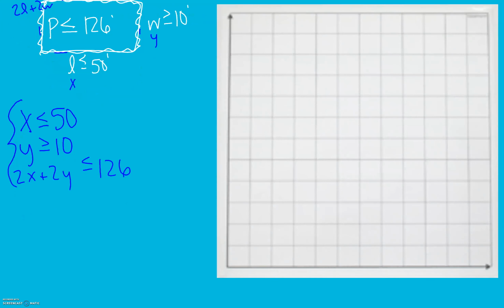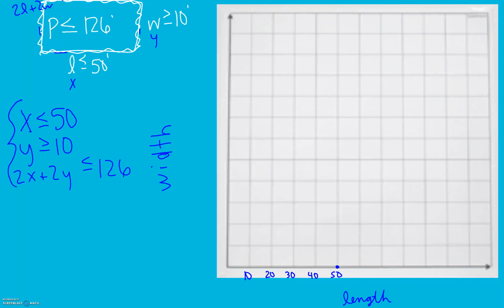Now, as far as graphing this goes, I made x length and y width. x has to be less than or equal to 50. So I'm going to label these by tens because I'm not sure what else is going to happen. So I want to make sure 50 is on my graph, but also at a point where if we need to see one way or the other, we sure can.